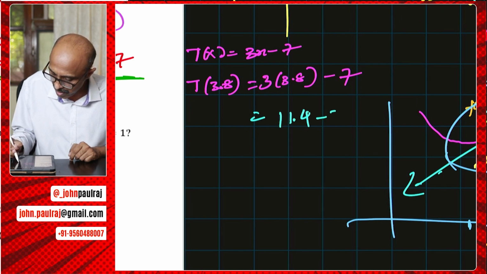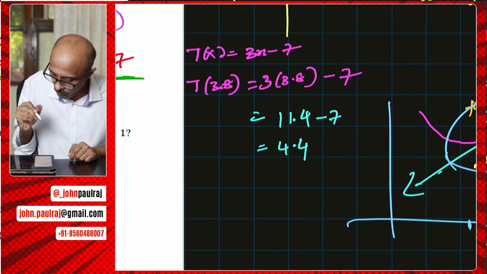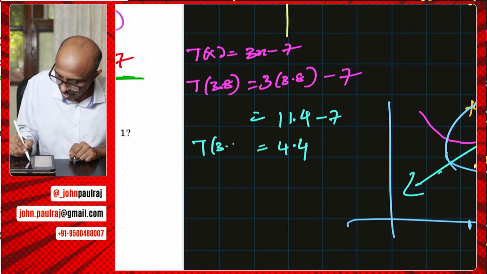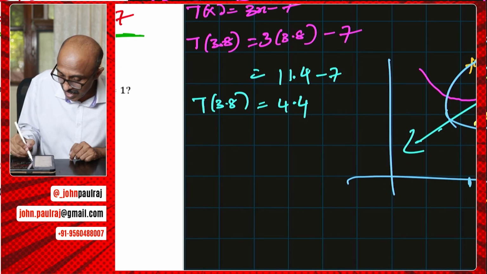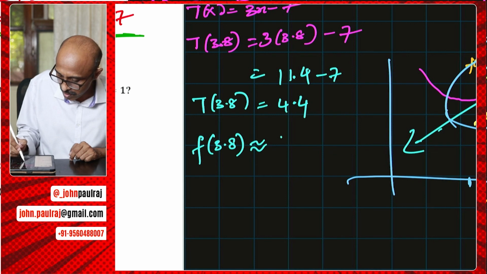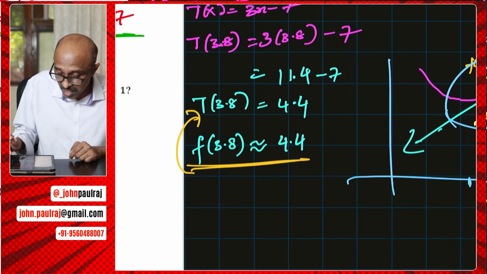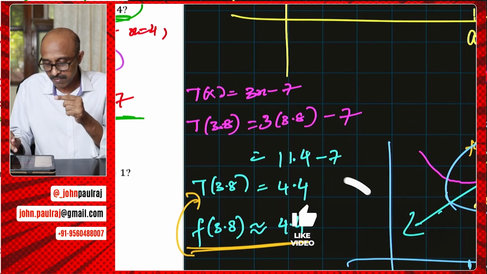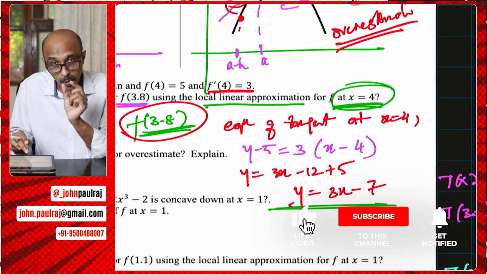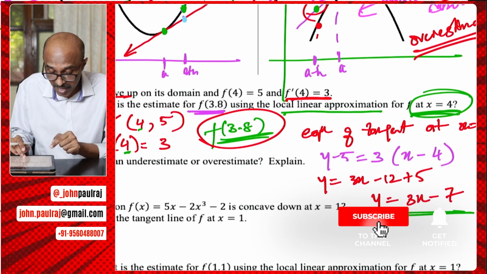So it's 11.4... 11.8 minus 7, giving you the value 4.4. This is T of 3.8. And we say that f at 3.8 is approximately equal to 4.4 using the tangent line approximation. So we use the equation of the tangent to find the value of the function close enough to that base point 4.